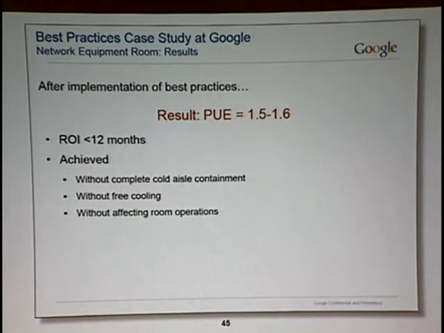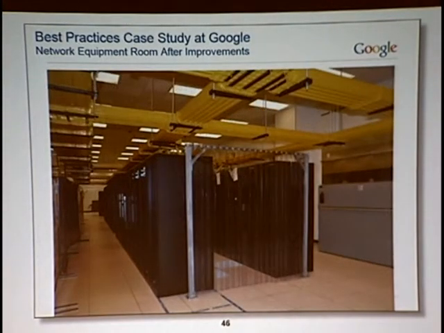And they said we didn't do complete cold aisle containment. We didn't implement free cooling. We didn't put modular stuff in there. We raised the temperature a little bit, but we didn't affect the overall room temperature. And he said this is what it looked like in the end. They built sheet metal collectors to extend the CRAC units up higher so that they would draw in warmer air up near the ceiling.